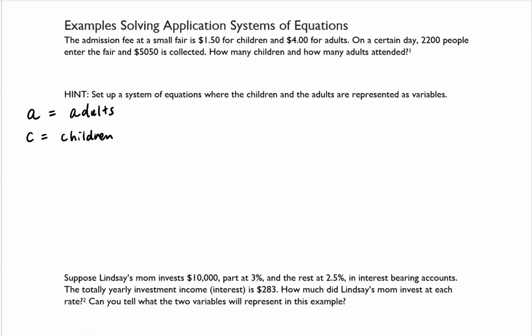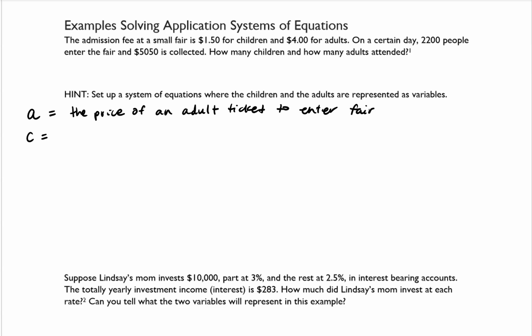Now, in this particular example, there are probably two different things that you could set A equal to, and one of them is incorrect and one of them is correct. So sometimes I will see students say that A equals the price of an adult ticket to enter the fair.